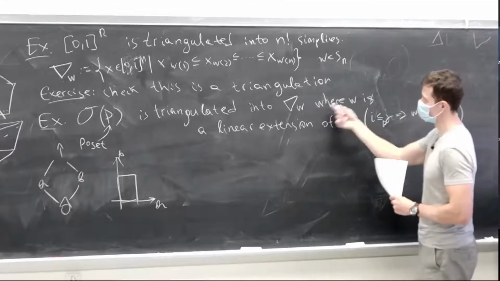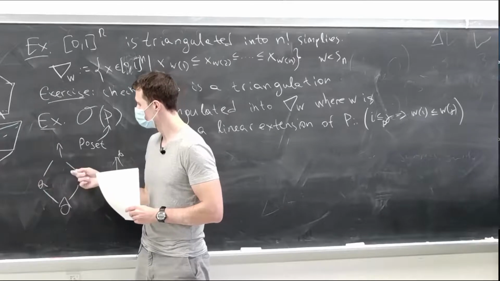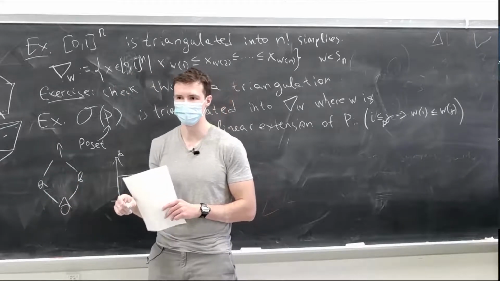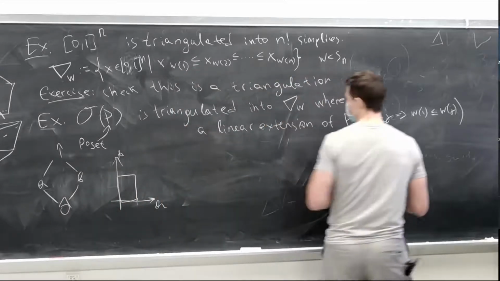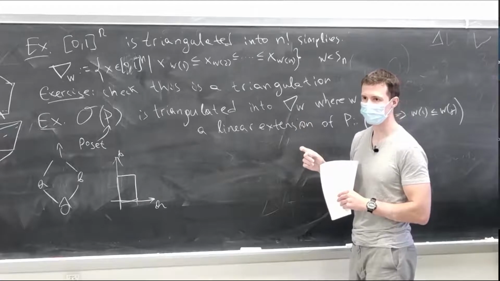So it's a way to label the vertices of my poset by integers from 1 up to n so that the order is preserved. The claim is that these triangulate the whole order polytope.